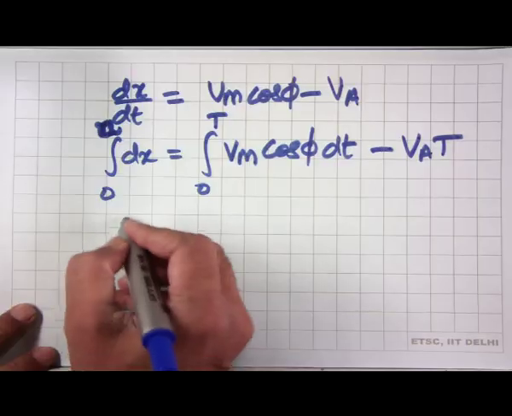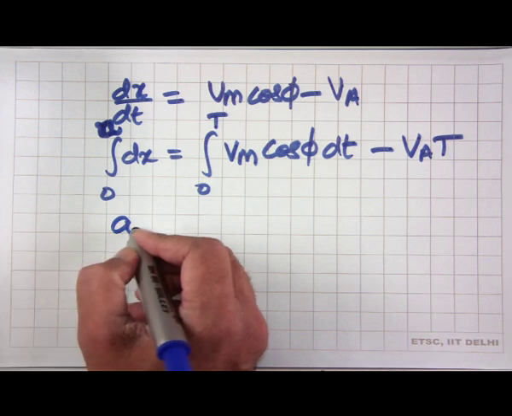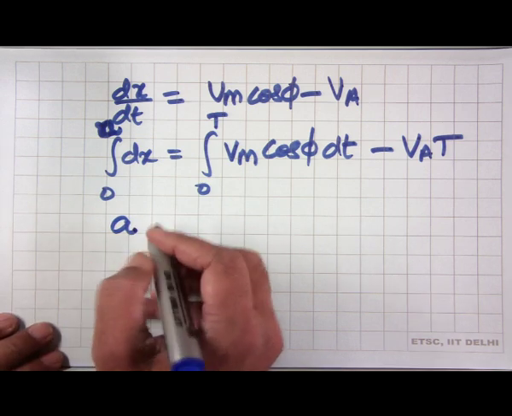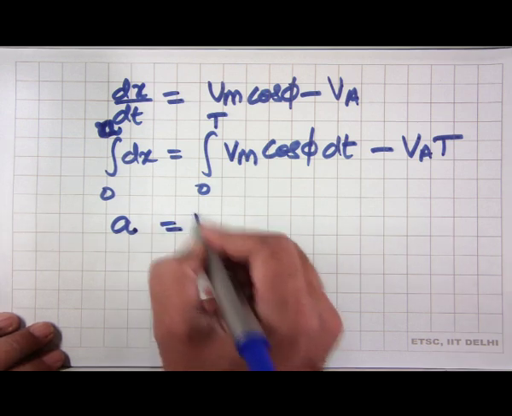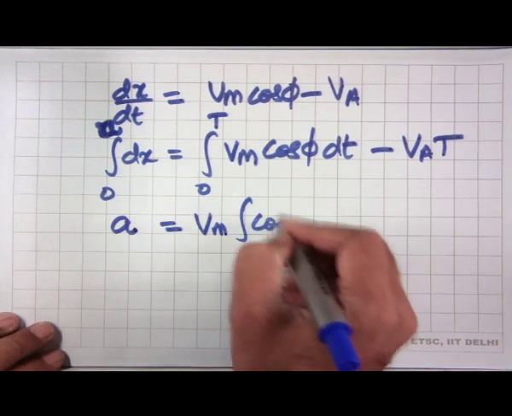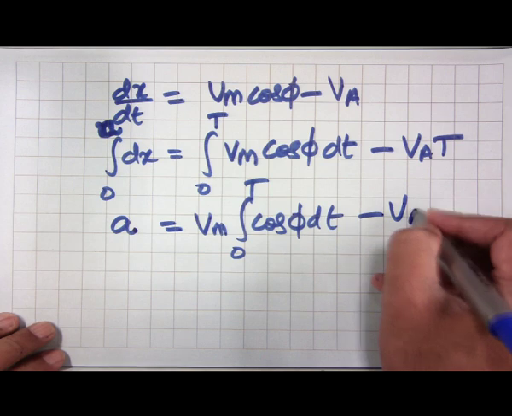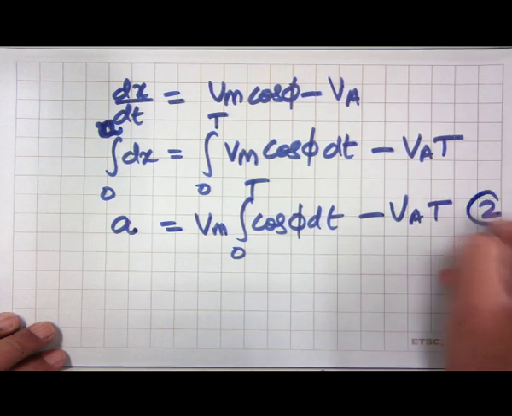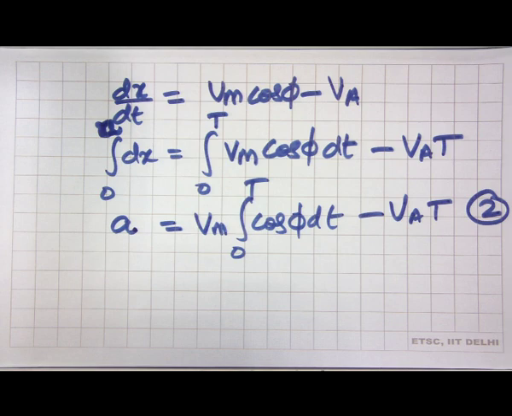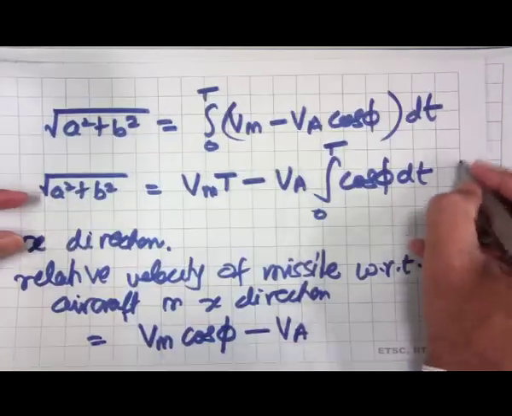So, from here we get the second equation, which gives us A is equal to Vm times integral cos phi dt from 0 to t minus Vat. I can call this equation number 2, and the equation I had got earlier, equation number 1.